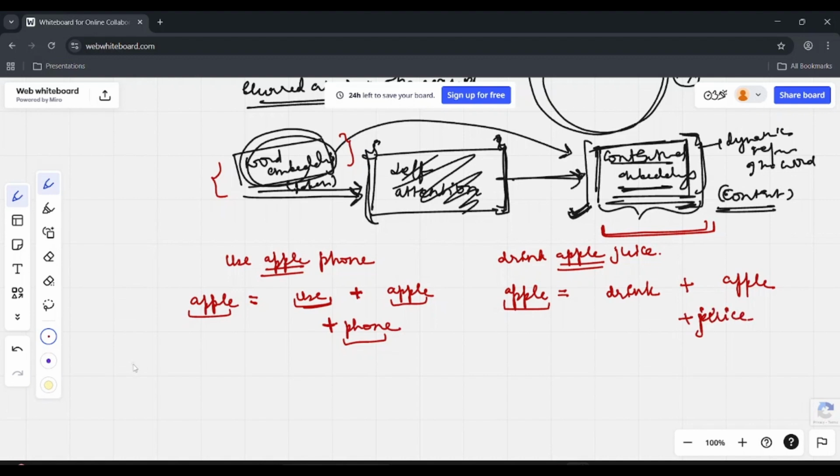Clearly you see that this is already solving our problem, because earlier this apple and this apple had the same vector representation. But now apple's numerical representation will be the word embedding of use plus the word embedding of apple plus the word embedding of phone. Similarly, for the second sentence, the embedding of apple would be the word embedding of drink plus apple plus juice.